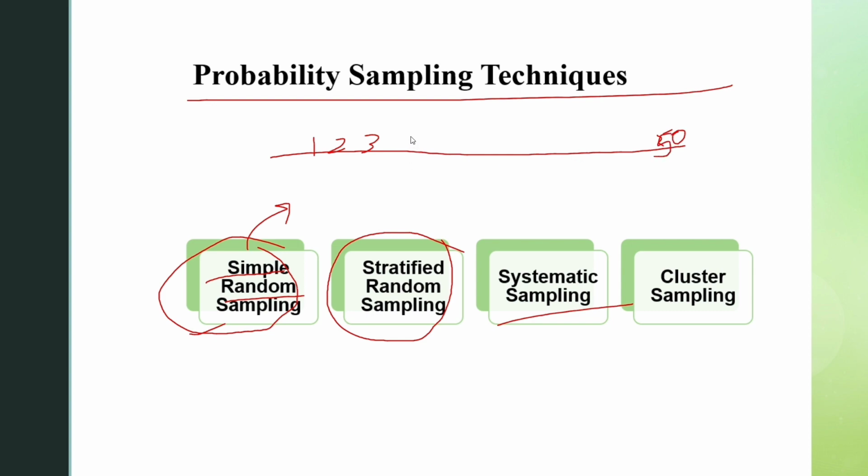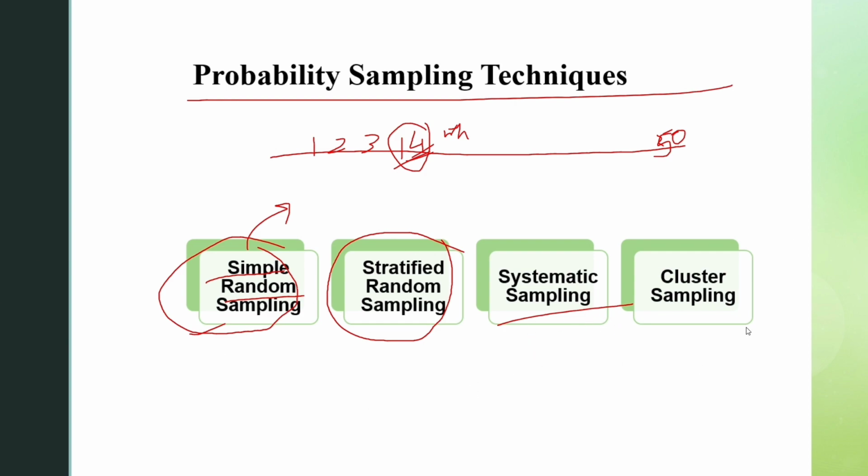So it involves selecting every nth individual from the sampling frame after a random selection. So after 14, every nth number is selected. It provides a systematic way to select a representative sample, especially when a complete list of the population is available.